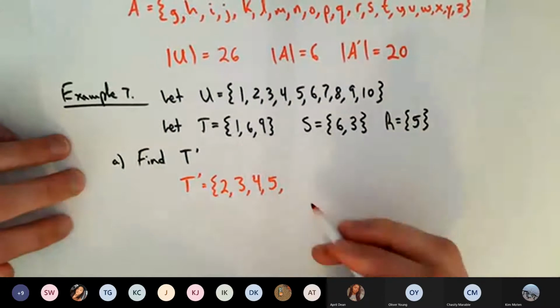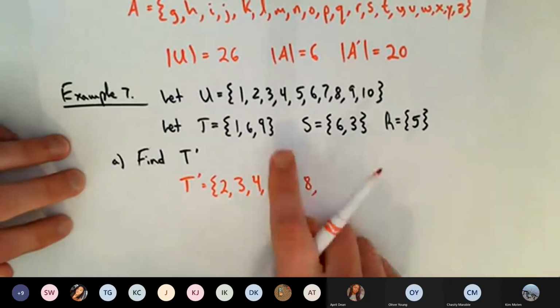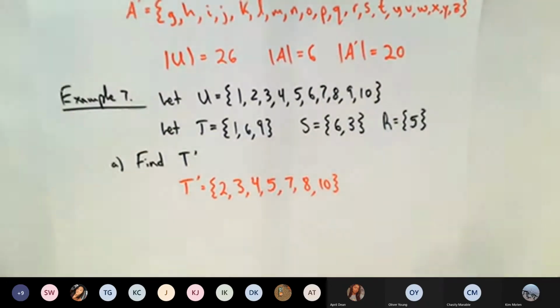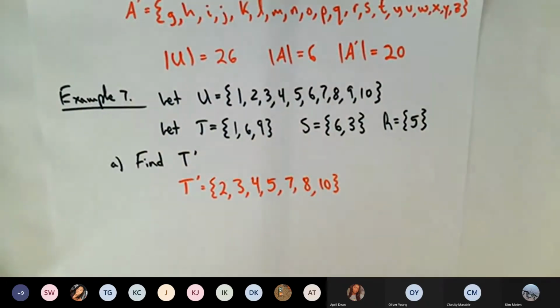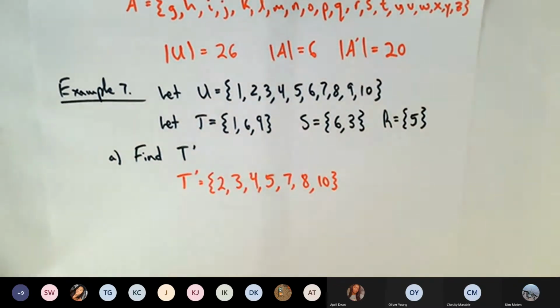Not 6. 7 will be in there, 8 will be in there, not 9 because 9 is in T, and then finally 10. So did T prime have anything to do with S and R? No. T prime has nothing to do with other sets. T prime has everything to do with the universal set and the original set T.